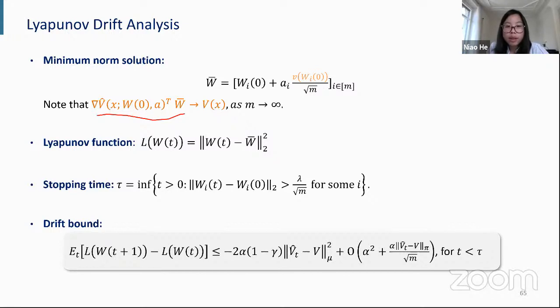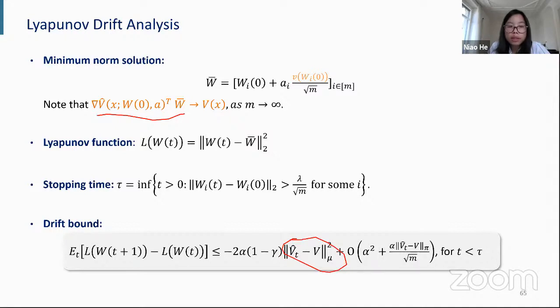So basically, as long as your number of iterations does not get too large, or if your Wt does not drift too far away from W0, then you can establish such a relationship. And then by telescoping this equation here, you will be able to show convergence of this term here, right?